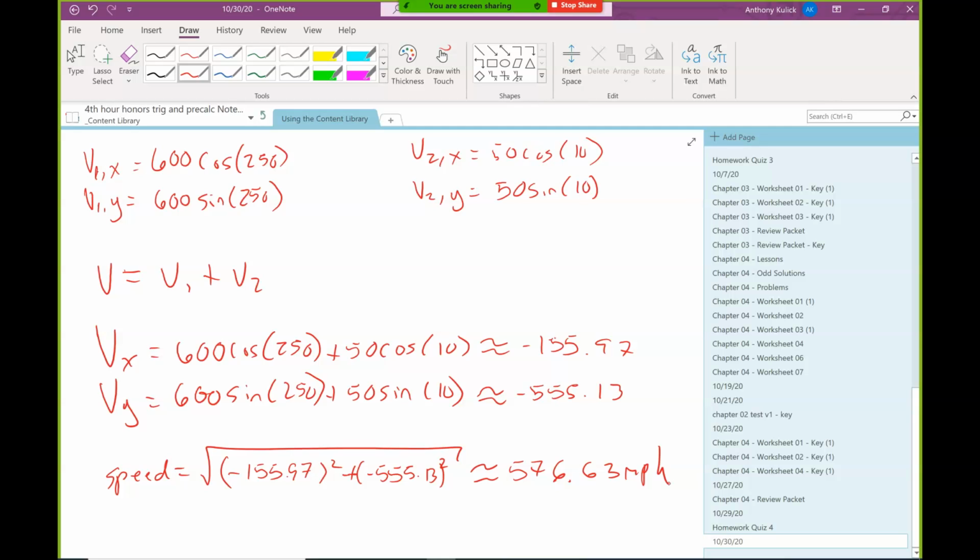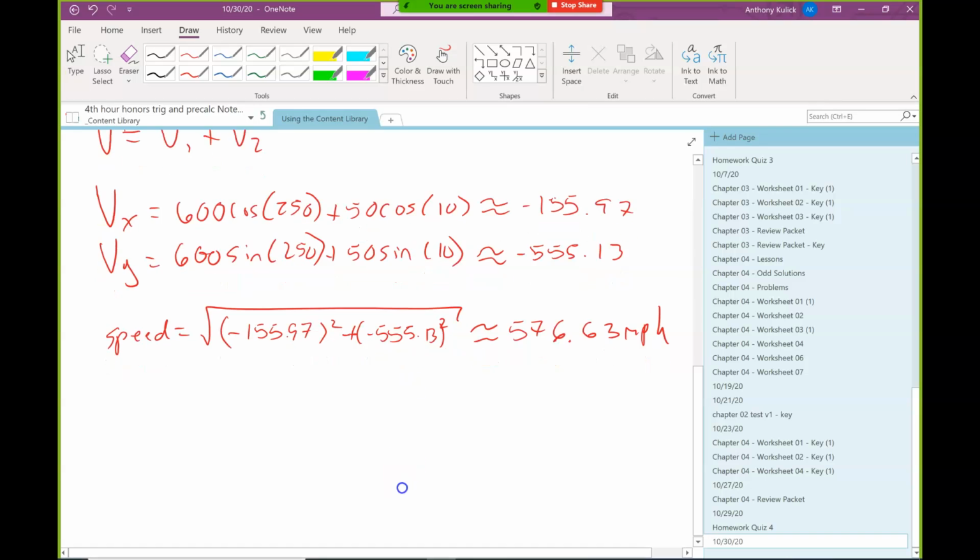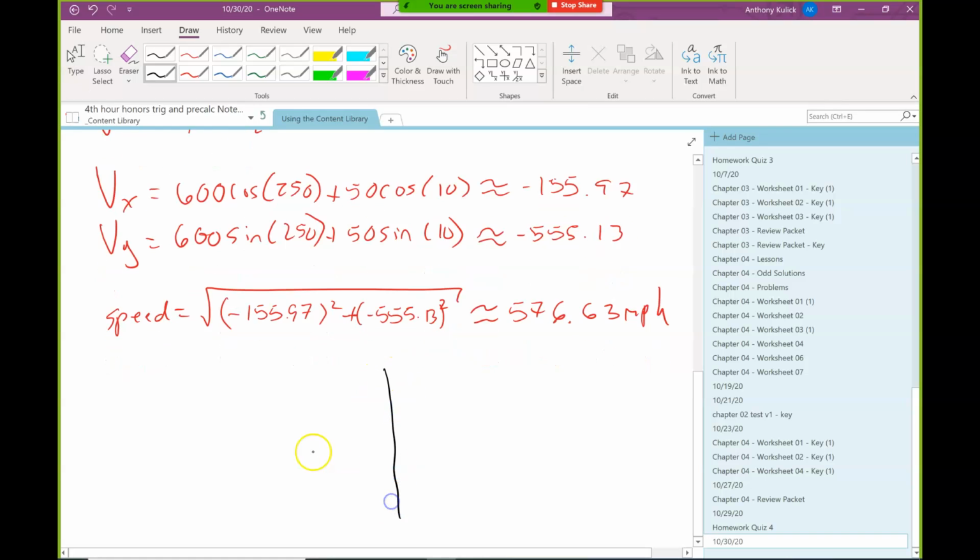Okay, there. And the last thing I need to do is calculate a bearing. So the first thing I'm going to do is draw my new vector. So I go 155 to the left and 555 down. So my new vector is somewhere here.